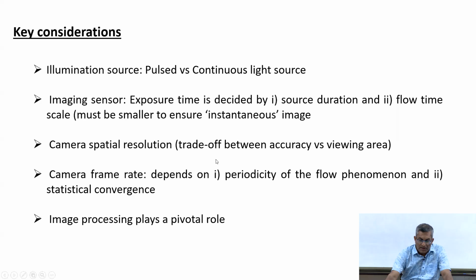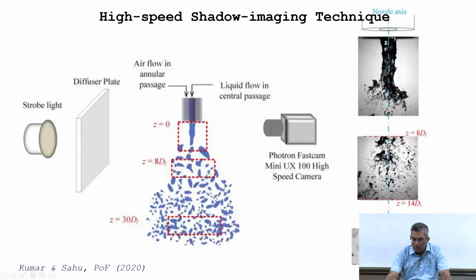And of course, camera resolution is very important. Why? Because if you want to measure the size of a particle, then camera resolution has to be good enough. Camera resolution means each pixel corresponds to what value in physical dimension.